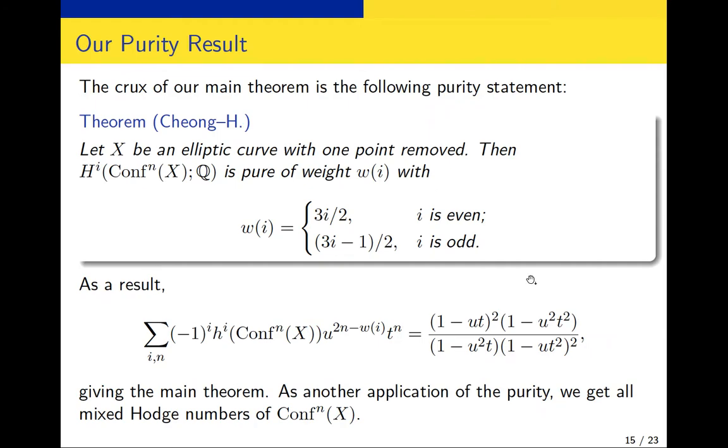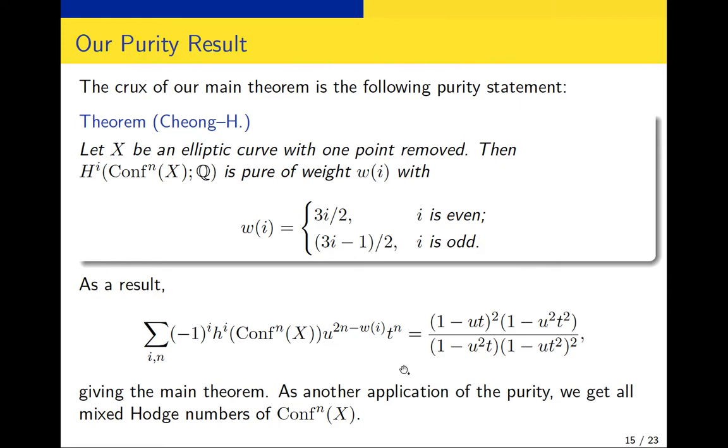Okay, so now we're going to present the actual result we have proven, which says that for the punctured torus, the H^i of its configuration spaces is pure of weight W_i with the same pattern as before. As a result, the left-hand side is equal to something we can compute, and that is the main result from before.